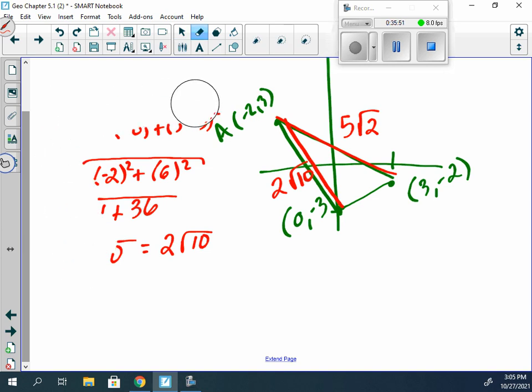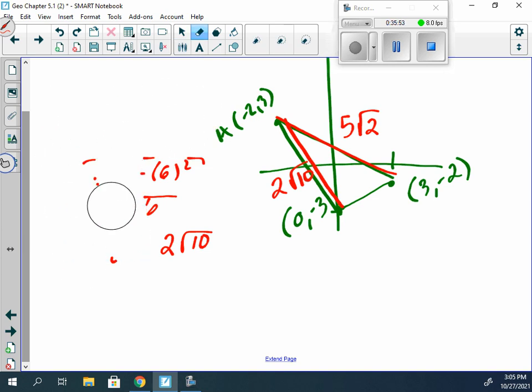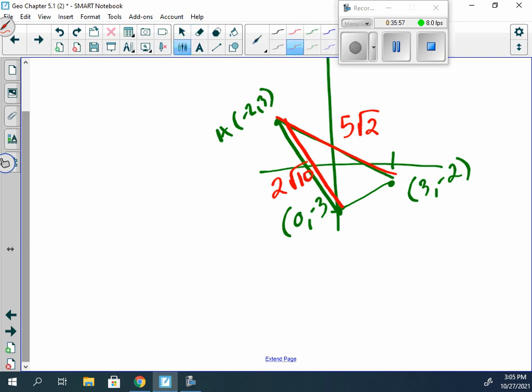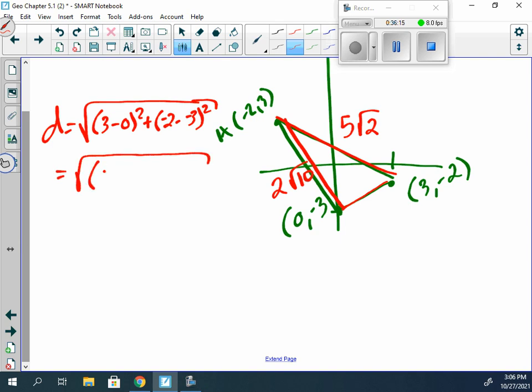And then the last one. Our last side length would be from here to here. So we have distance is equal to the square root of 3 minus 0 squared plus negative 2 minus negative 3 squared. 3 minus 0 would just be 3 squared.